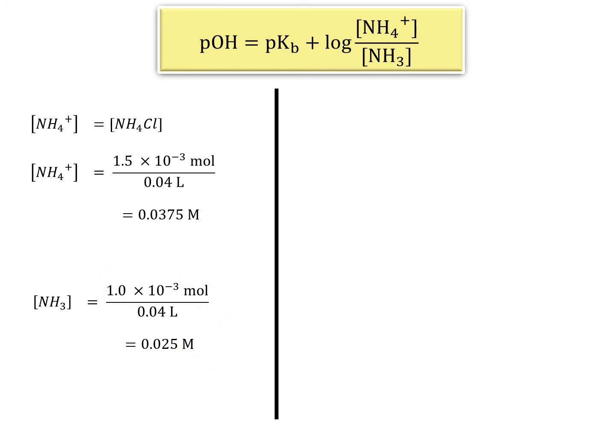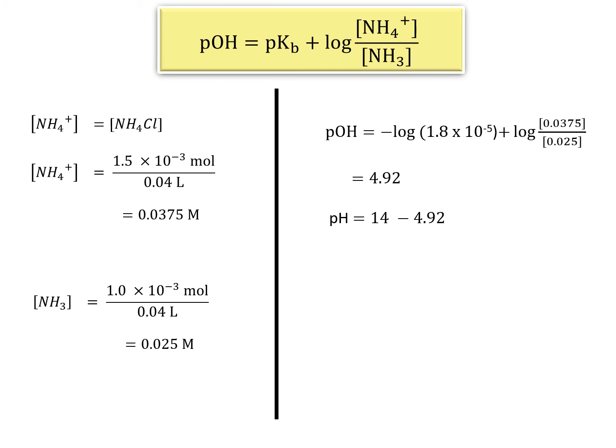Okay. Kemudian, masukkanlah dalam equation, substitute and you will get the pOH sebagai 4.92. Once you have the pOH, barulah kita boleh cari pH. Gunakan pH plus pOH equals to 14. So, pH 14 minus pOH, dapatlah nilai dia sebanyak 9.08. Okay. So, that's how you do the calculation.